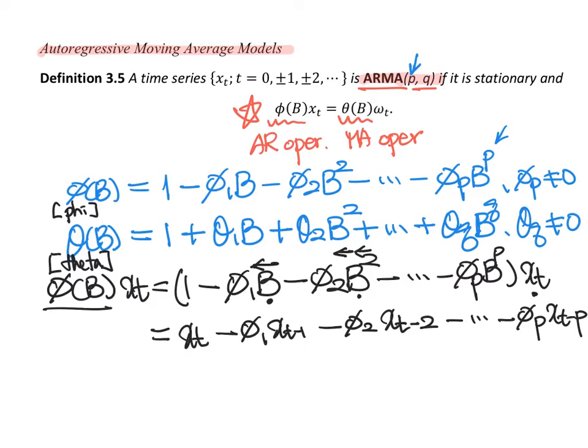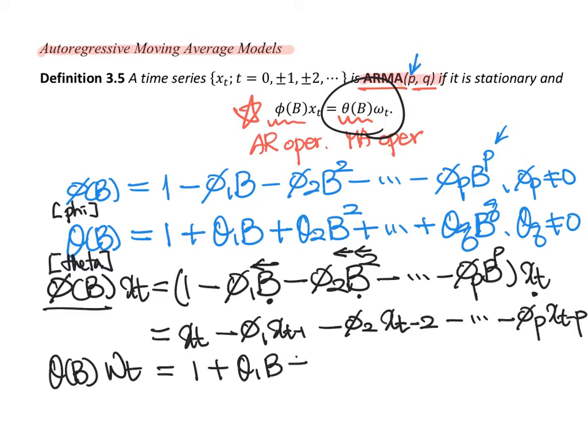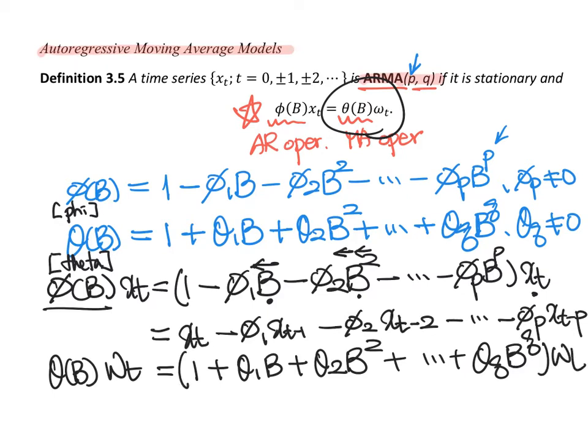And the theta part, the right hand side, is theta of B times the white noise. So it will be 1 plus theta 1 B plus theta 2 B squared, up to theta q B to the q, times white noise.